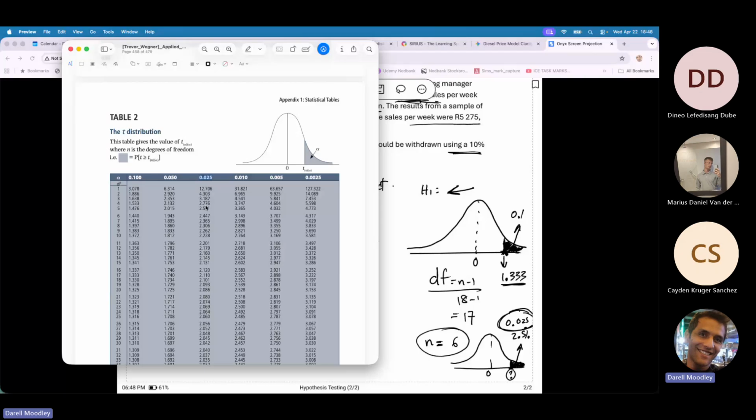Remember, our degrees of freedom is n minus 1, which is 6 minus 1, which is 5. So your degrees of freedom is 5, your alpha is 0.025, so your value on the axis is 2.571. That's what you should have.